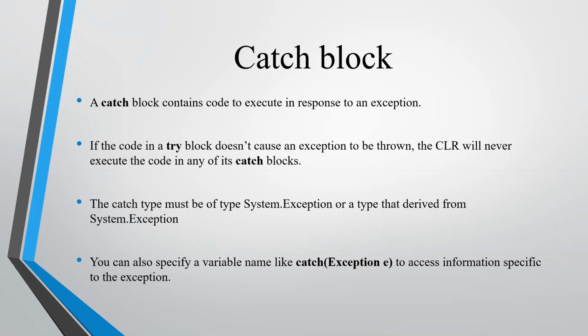The catch type must be of type system.exception or a derived class of system.exception. The catch type means the type of exception. We can also specify a variable name: you write the catch keyword, in the bracket you write the exception class, then you give a variable name, like you can see here, small e. We can use that to access information specific to the exception or to handle any kind of exception.